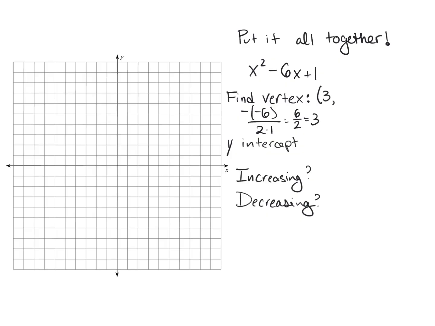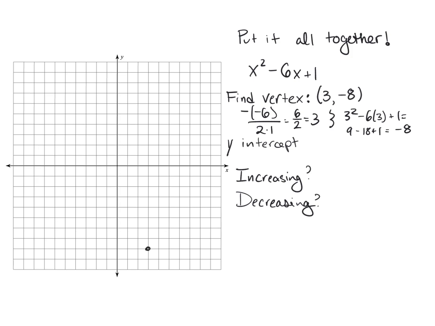And for my y-coordinate, I'm going to do, let's see, 3 squared minus 6 times 3 plus 1. So this is going to be 9 minus 18 plus 1, which is negative 8. So my vertex is going to be at (3, -8), which I will start by plotting here.